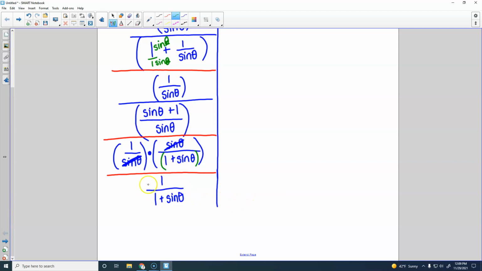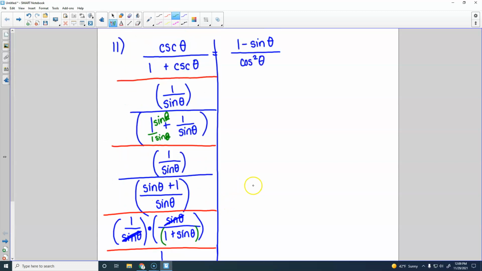And immediately I notice that over here on the left, I only have sine, but over here, I've got sine and cosine. So probably I don't want that cosine. I probably want to get rid of it. So what can I replace cosine with?